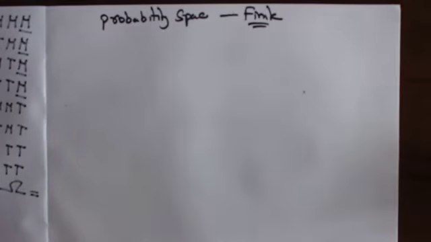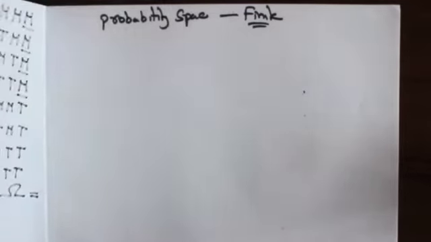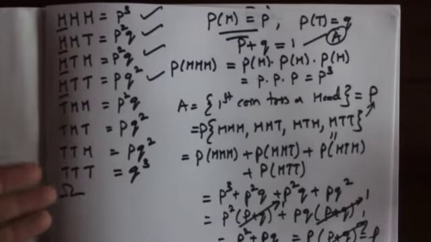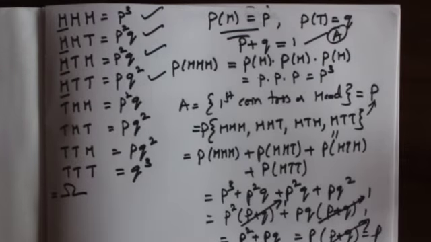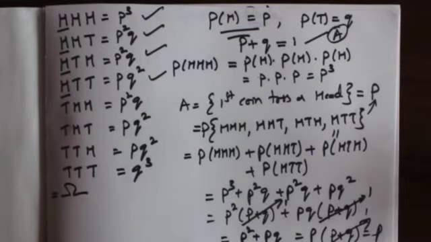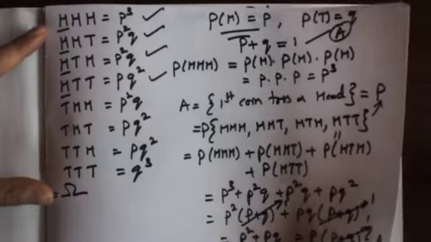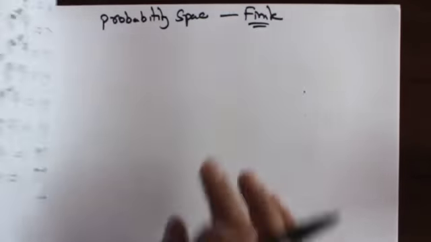A finite probability space is basically a probability space we get by conducting an experiment which has a finite number of outcomes. So for example, in our coin tossing experiment, we had only 8 possible outcomes. So a probability space that results from a finite experiment is called a finite probability space.